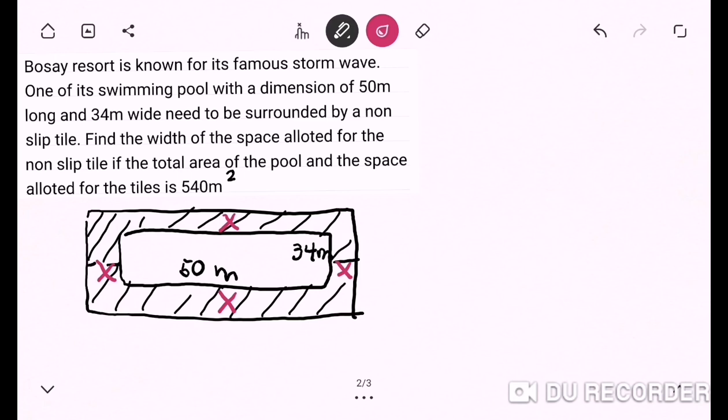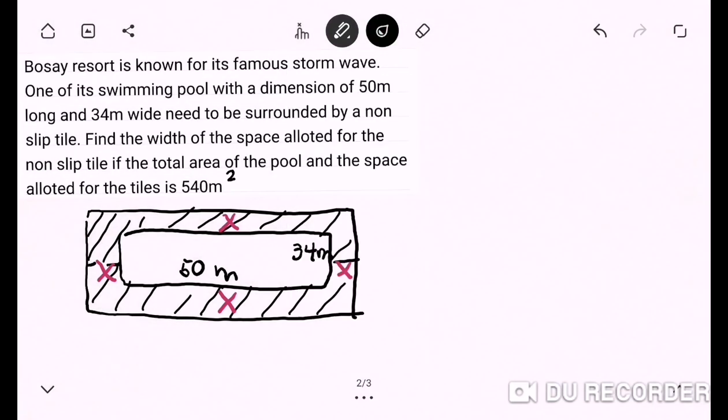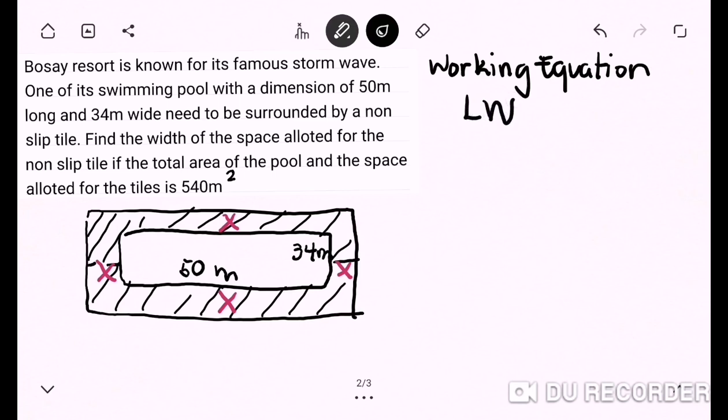Okay, so another thing to consider ay yung ating gagamitin na working equation. So, we all know na kapag ang pinag-uusapan ay area ng rectangle, the area of a rectangle is equal to length times width.